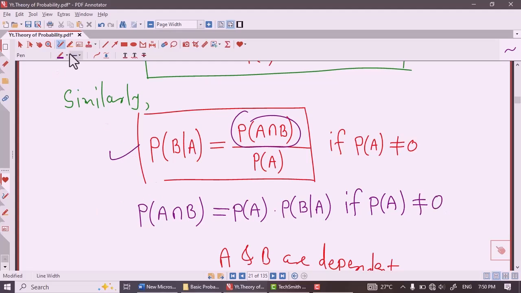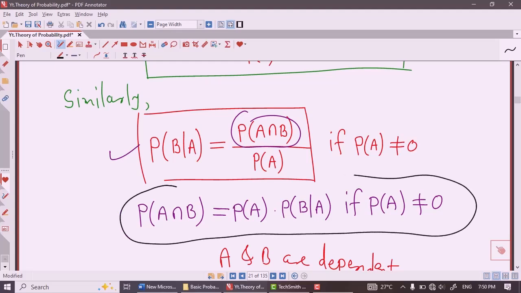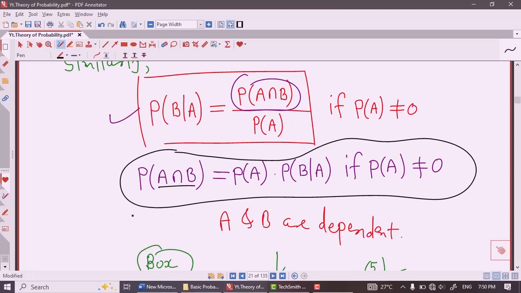So you can see from this expression we obtain the formula for the probability of A and B, that is probability that event A occurs and event B occurs, and this is a very famous formula. It is known as the multiplication rule of probability. We have seen the addition rule of probability in earlier lectures, and that was for the probability of union of two events.